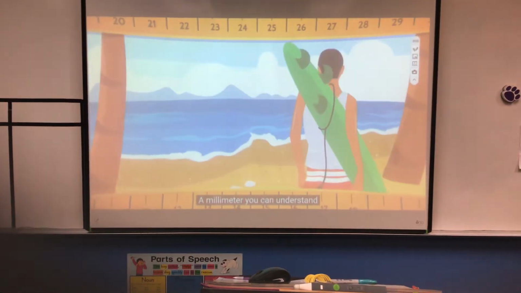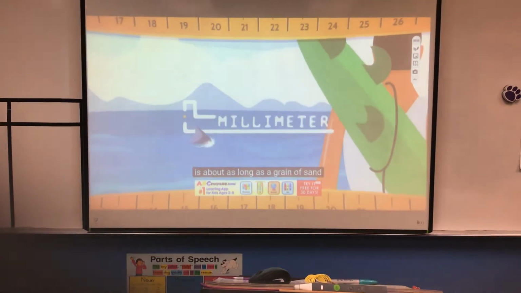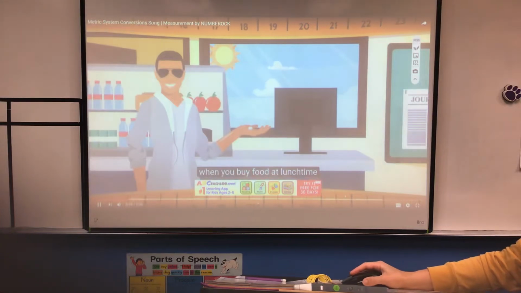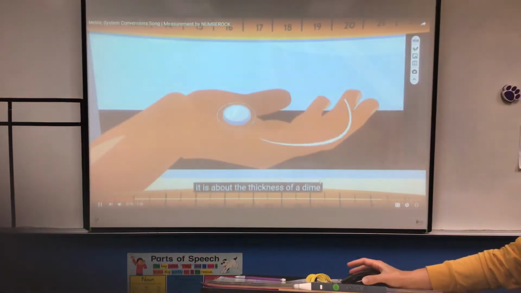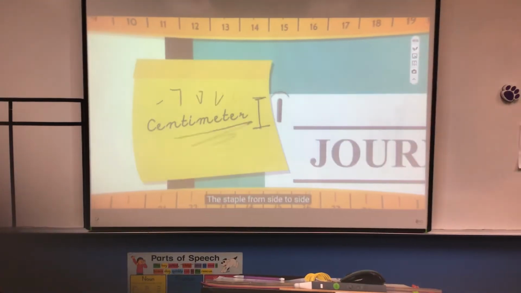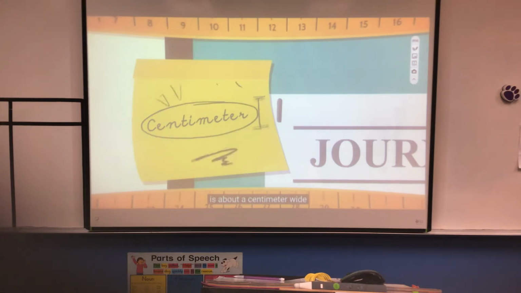A millimeter you can understand is about as long as a grain of sand. It's about the thickness of a dime. A staple from side to side is about a centimeter wide.